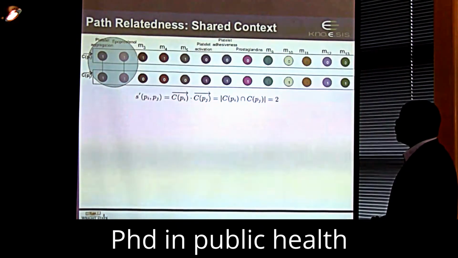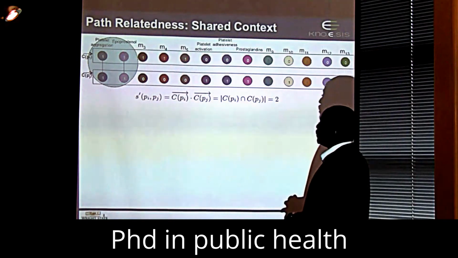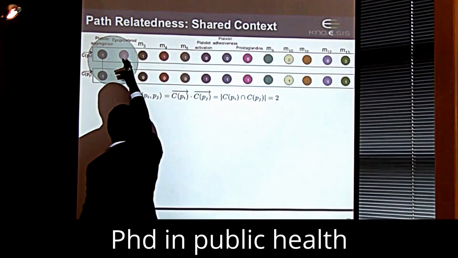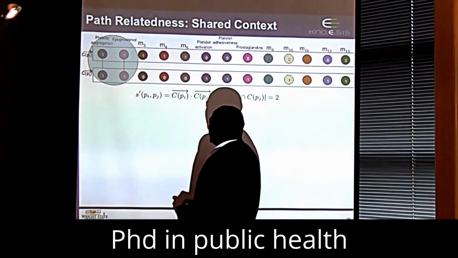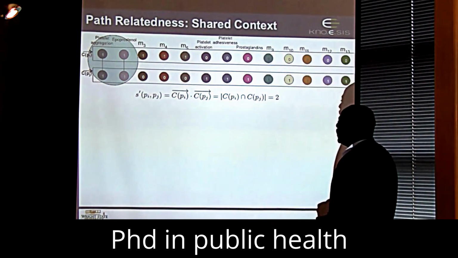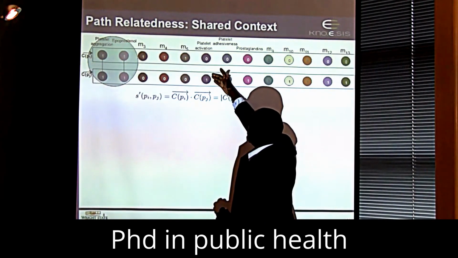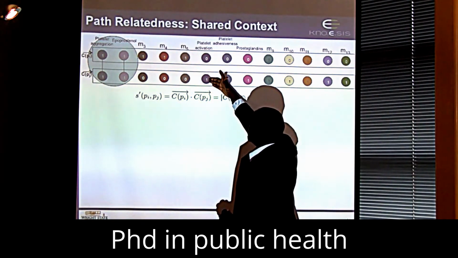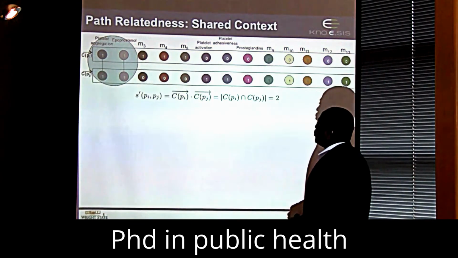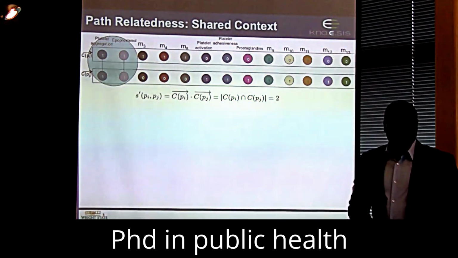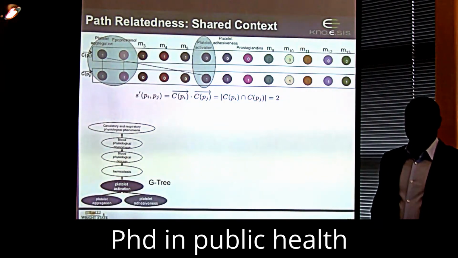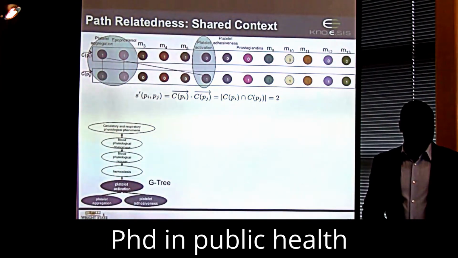Let's look at the first MeSH descriptor. That's platelet aggregation, which seems to be present in both sets. Epoprostenol is also present in both sets. However, we see that platelet activation is present in the second vector, but it's not present in the first. Now, what we know from the MeSH hierarchy is that platelet aggregation and platelet activation, one of them is the parent of the other.